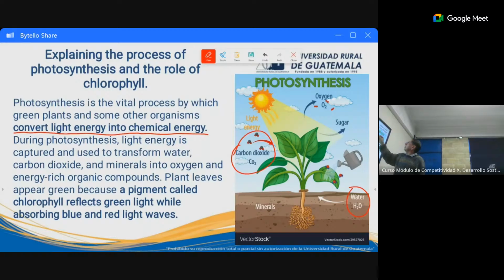Here, light energy, as well as some minerals here. I said that maybe nitrogen, phosphorus, and potassium are the main minerals that come through the soil.